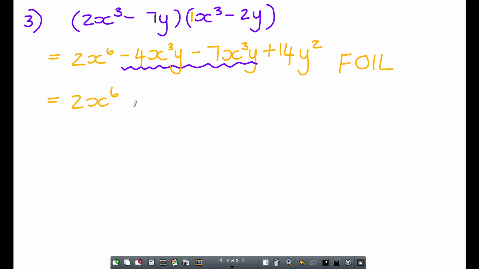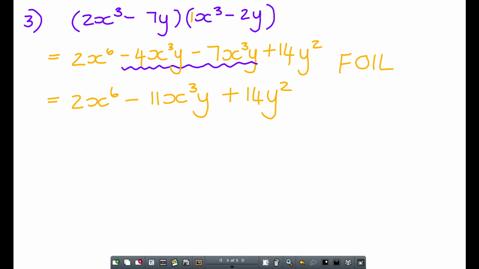Take your calculator. Minus 4, minus 7. It's normal subtraction, right? That's it. Negative 11 x to the power 3 y plus 14 y to the power of 2.